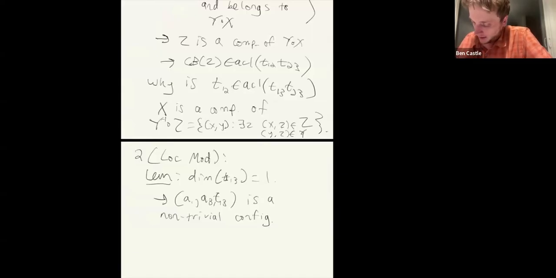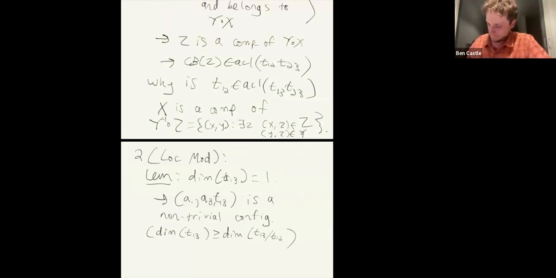So notice that the dimension of T13 is at least as big as the dimension of, say, T13 over T12, because adding parameters only makes the dimension go down.